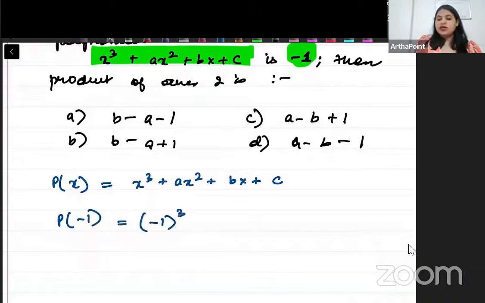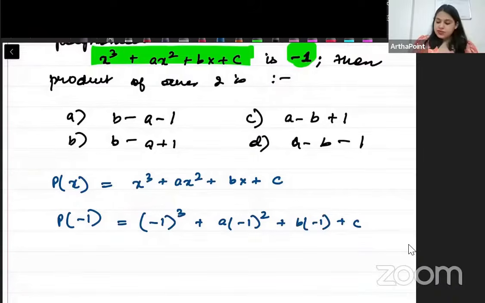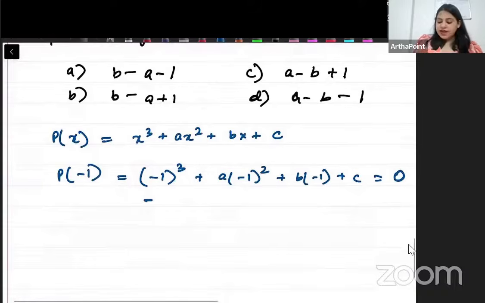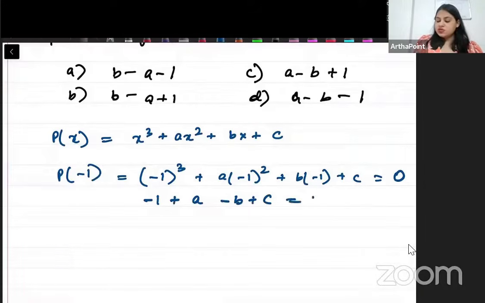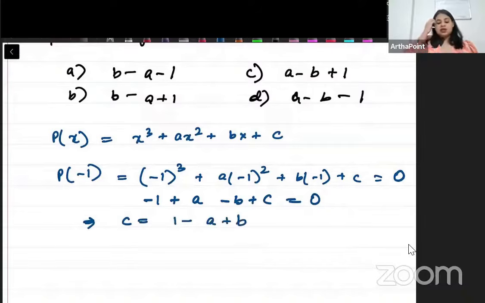So minus 1 cube plus a times minus 1 square plus b times minus 1 plus c should give me 0. So this means that minus 1 plus a minus b plus c should be 0. So this means, beta, that c will be nothing but 1 minus a plus b.